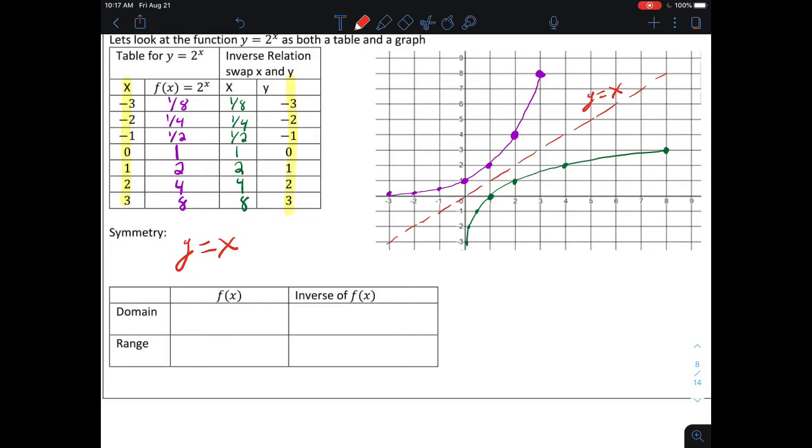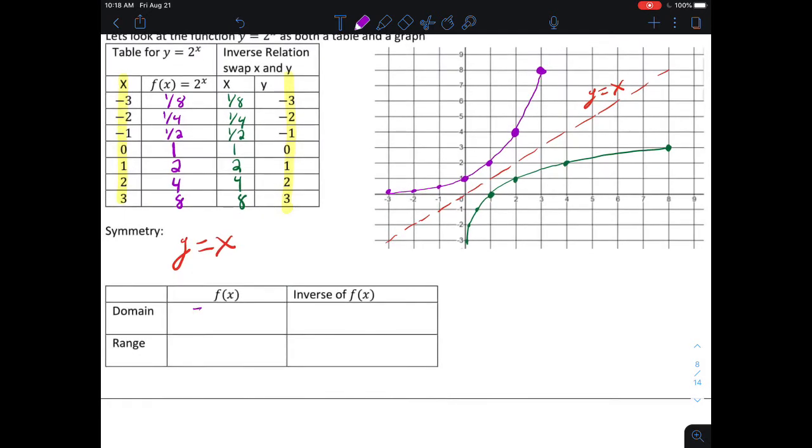Now let's go into the table and write the domain and the range for both of these functions right here below so we can see the relationship that exists. So the domain for f, which is the purple graph, in terms of what we plotted, goes from -3 to +3.